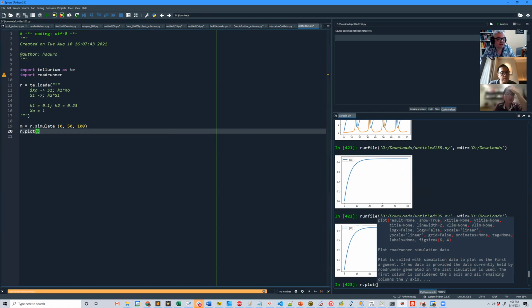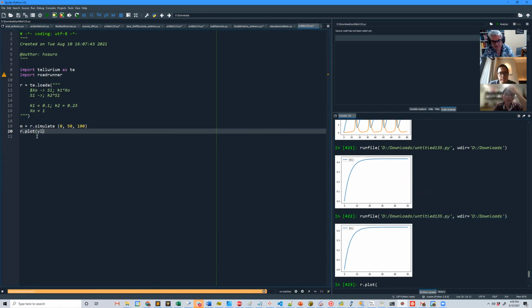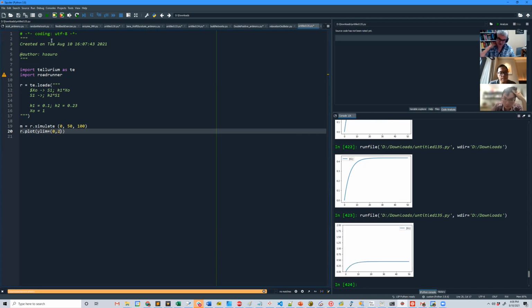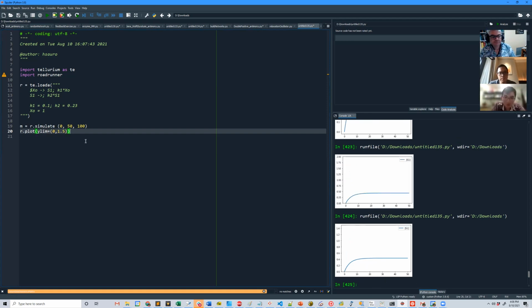Oh, X lim and Y lim. Yeah, Y lim 0, 2. There we go. That just scales the, that's a bit too much. It gives me a fixed y-axis. Okay. I should get to the 1 then. There you go. So that's a simple reaching steady state.